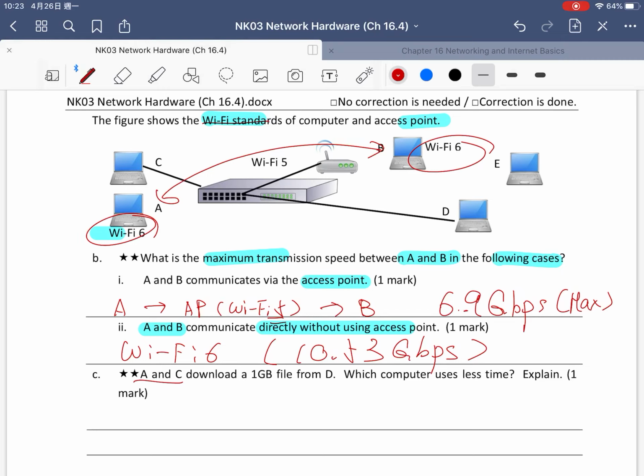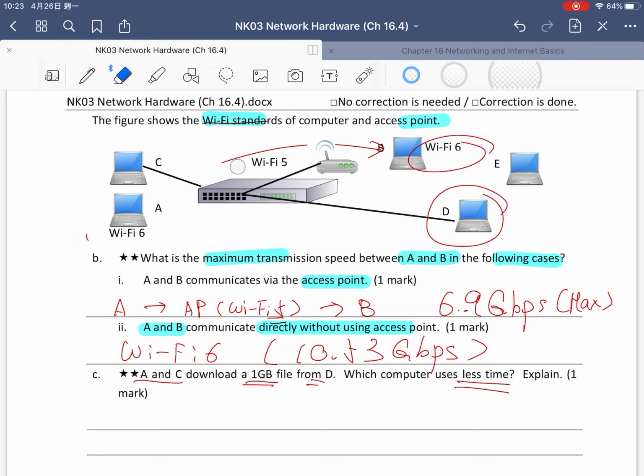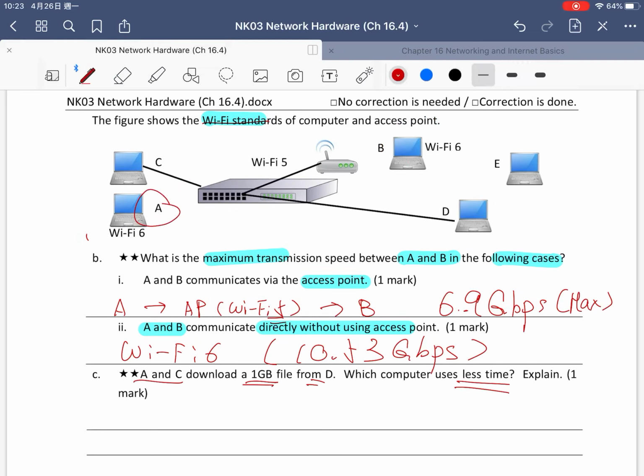So if A and C download 1 gigabit from D, which computer uses less time? A and C. A downloads from D: D connects by cable and then to A. The other one is D connects by cable and then to C. So we look at the comparison between the wireless and wired signal on page 3.